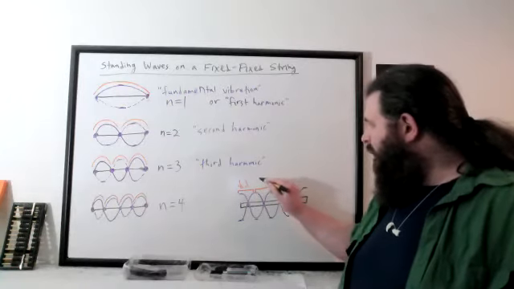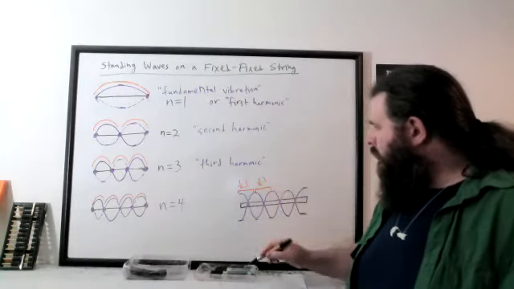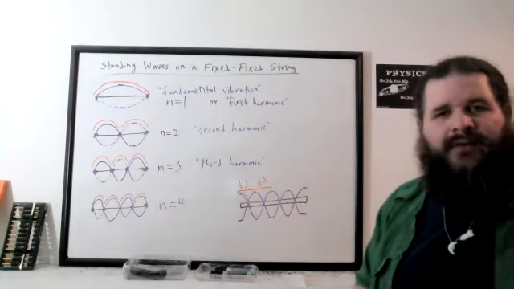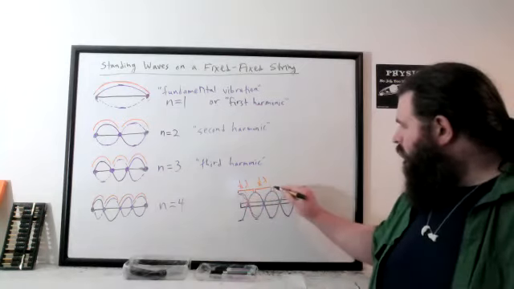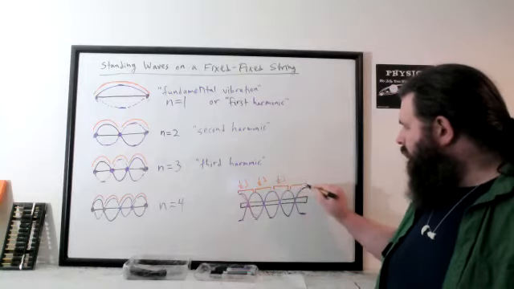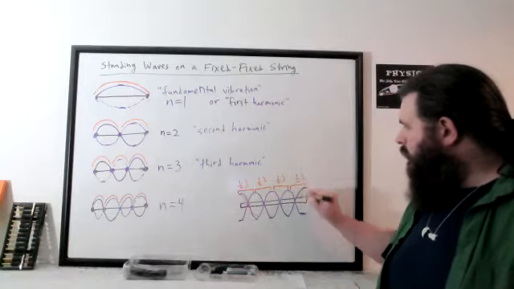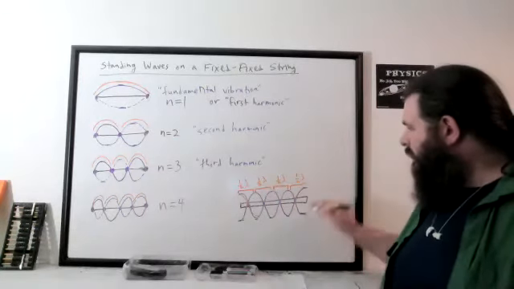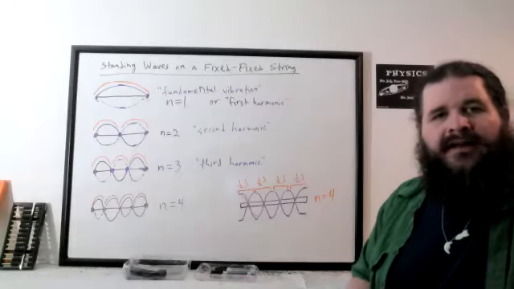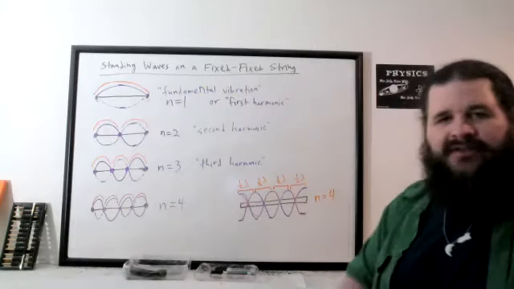This is another half wavelength. Because note that we're going from essentially crest to trough. That's half a wavelength. This would be another half wavelength. This would be another half wavelength. So we've got 4 half wavelengths, meaning this is the n equals 4, the 4th harmonic for this free oscillator.